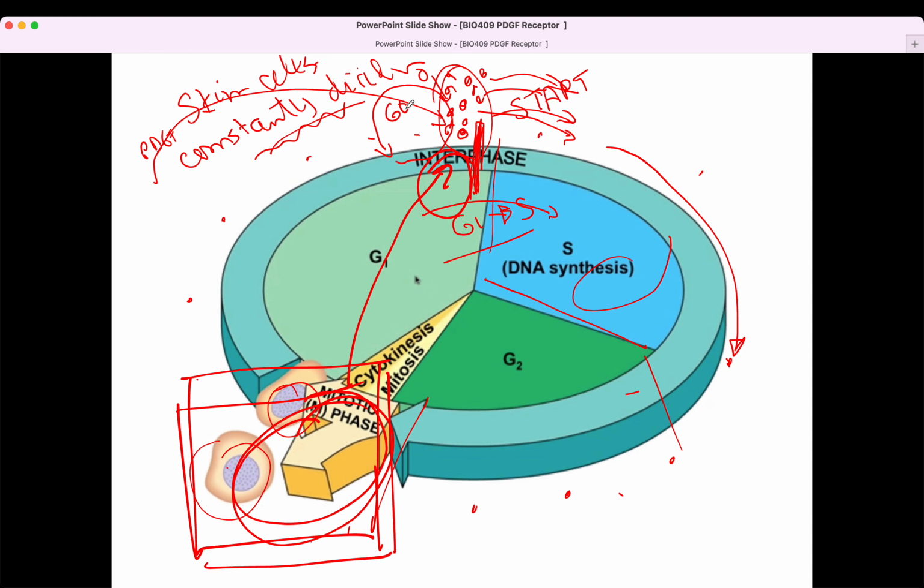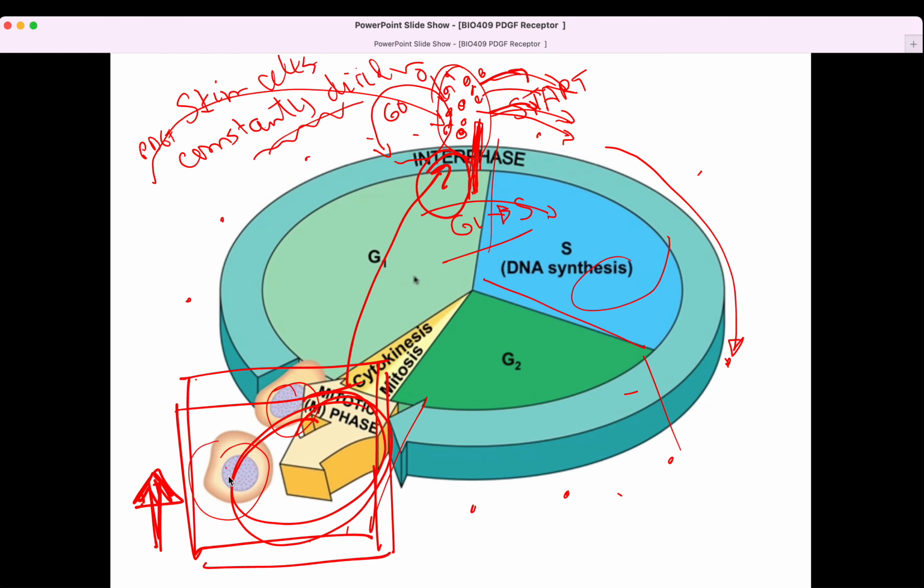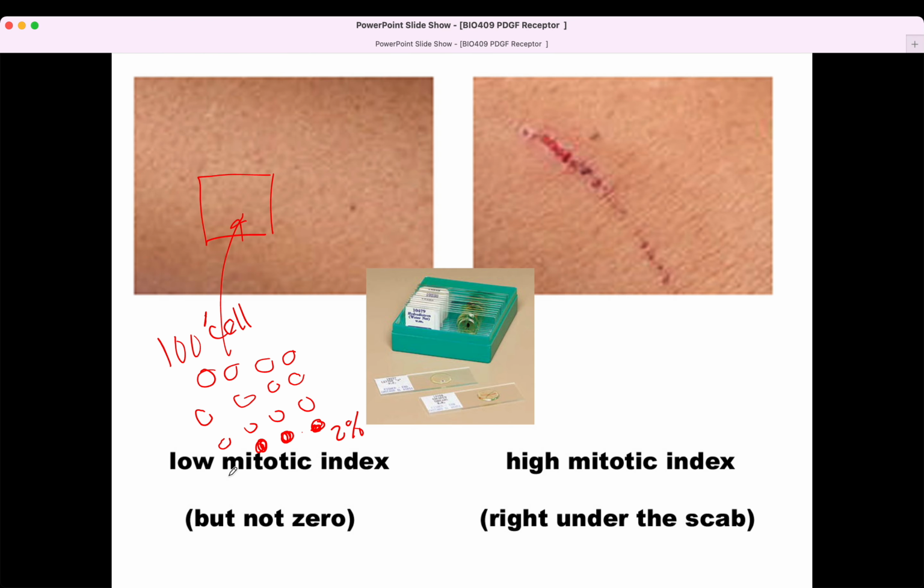When PDGF stimulates the cell cycle, cells get to go through start more frequently, and that's going to increase the mitotic index. And doctors have been doing that for years and years to study health.